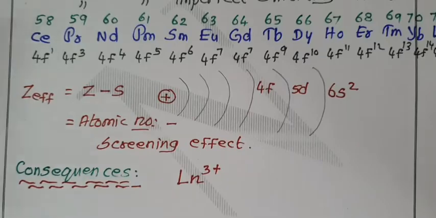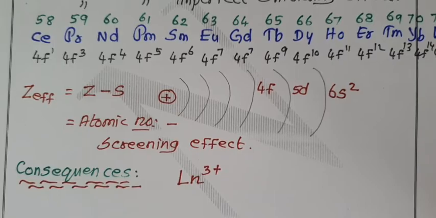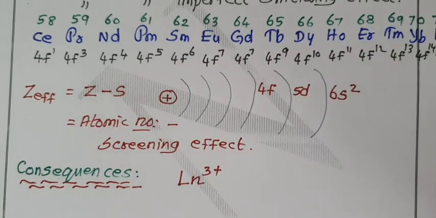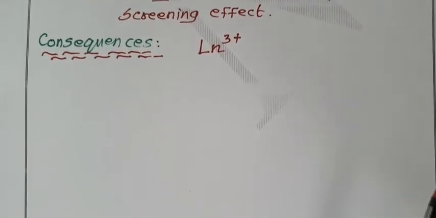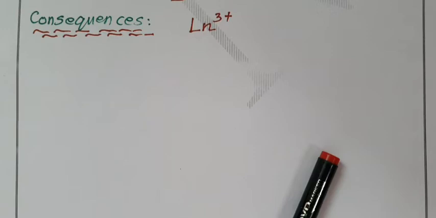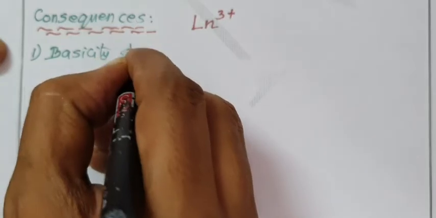All the 14 lanthanides lose 3 electrons to get a 3+ electronic configuration. Due to the lanthanide contraction, now I am going to tell the first consequence. The first consequence of lanthanide contraction is basicity differences.